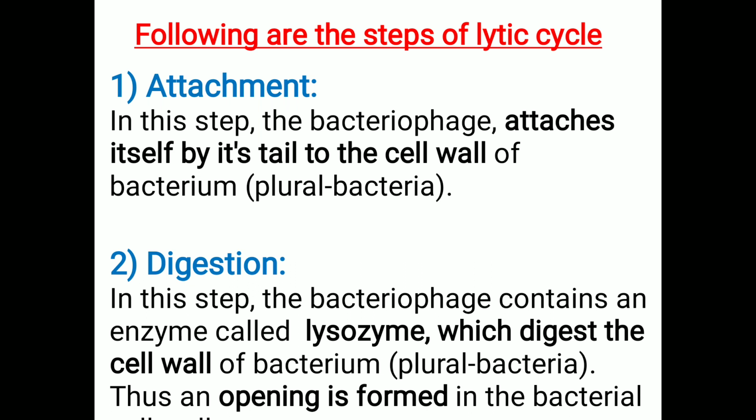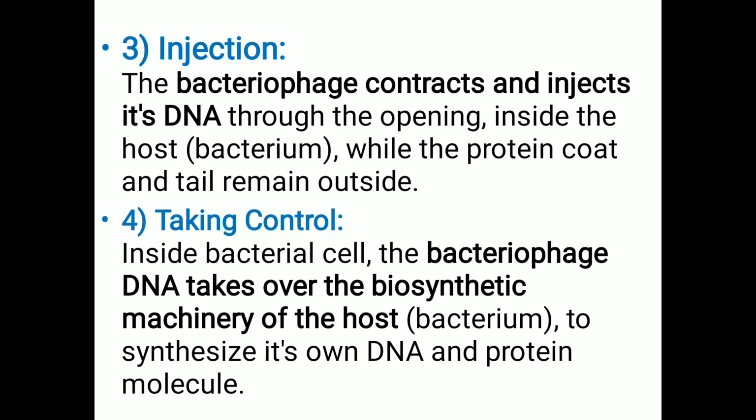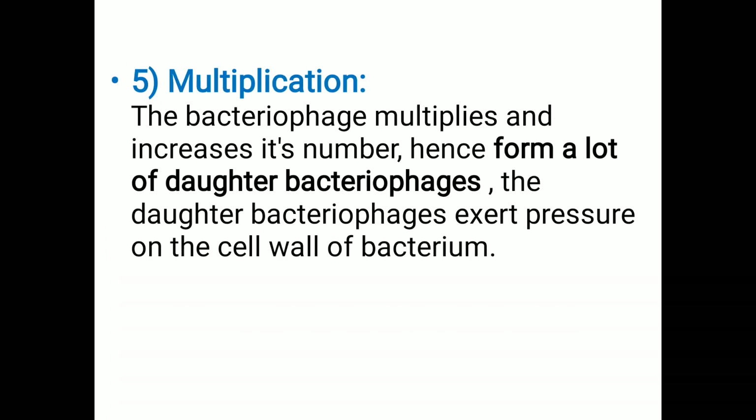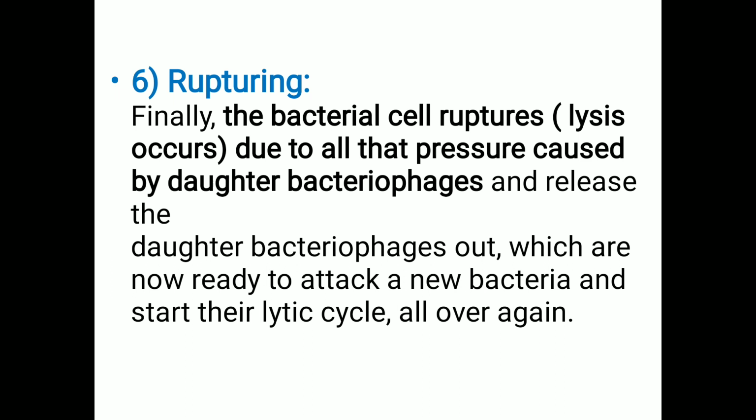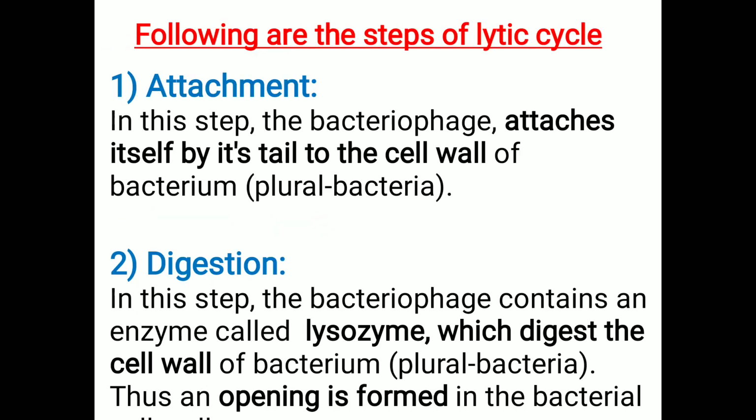For that we discuss the steps involved in the lytic cycle: first attachment, second digestion, third injection, fourth taking control, fifth multiplication, and sixth rupturing or breaking. So let us see them one by one.